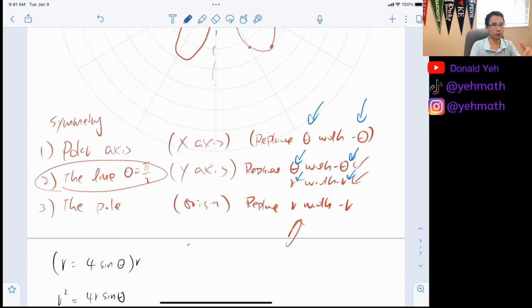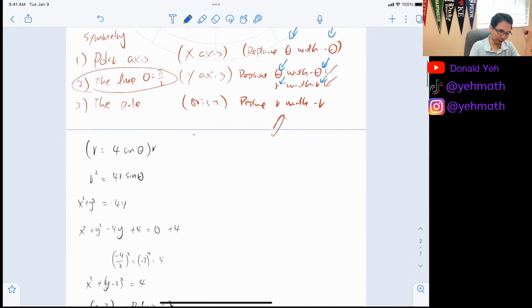You just replace r with negative r and see what happens. If you go back to the original, that's symmetry to the pole. Symmetry to the pole is like an even function a long time ago. It's like the origin, because the pole is the origin. So you can do the following tests.